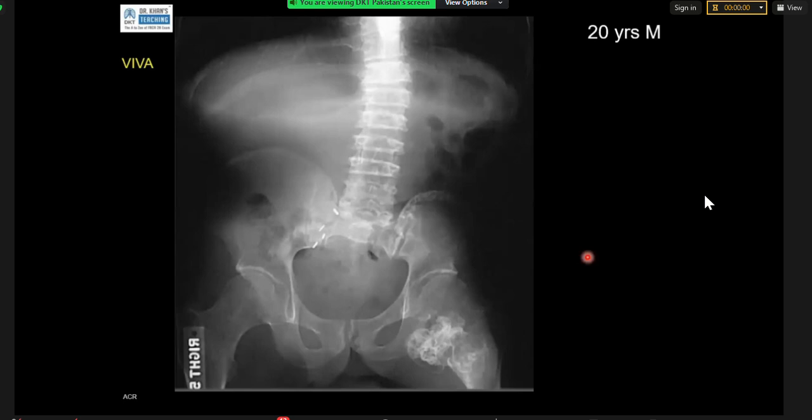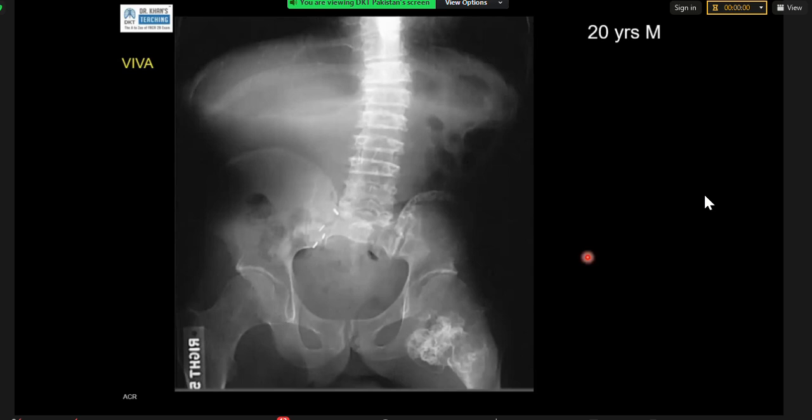I can see that there are multiple surgical clips in the right side of the pelvis. Other than that, in comparison between the sacroiliac joints, I can see changes of sacroiliitis on the right side, and the sacroiliac joint is normal on the left side.